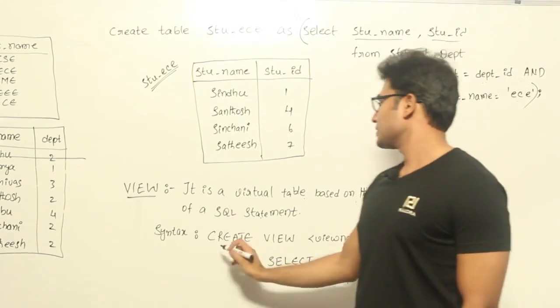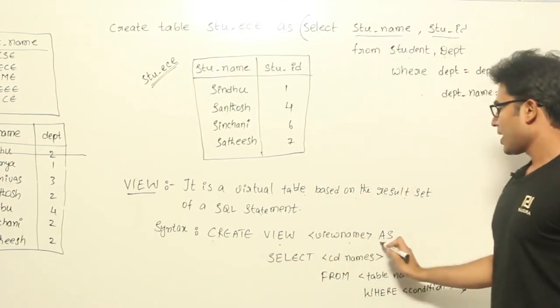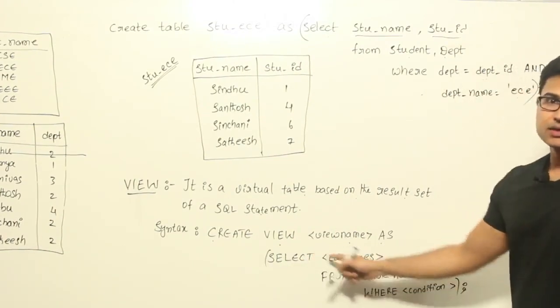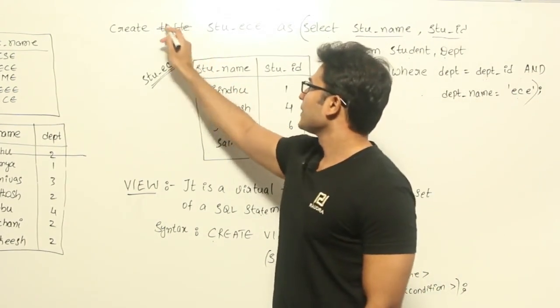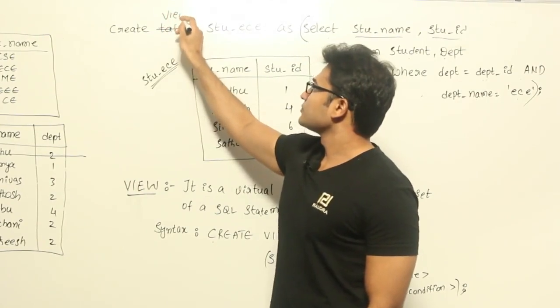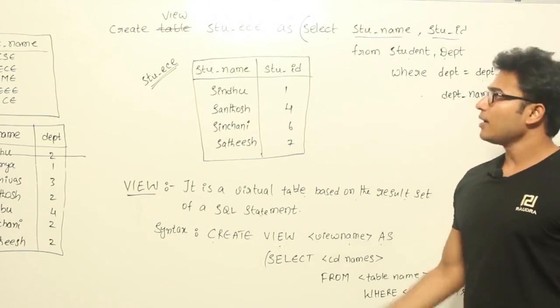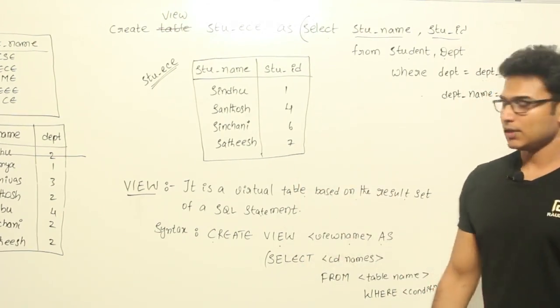The syntax is: create view name as, and everything else is the same, the select is used, right? This entire thing is the same. If you want to create a view instead of a table, you write create view. Got it? So like this you can create any number of views, and you can use drop view if you don't want to have the view. Got it? Okay.